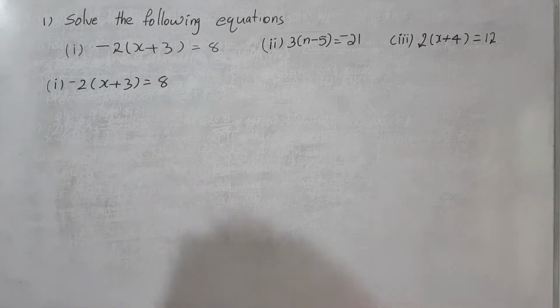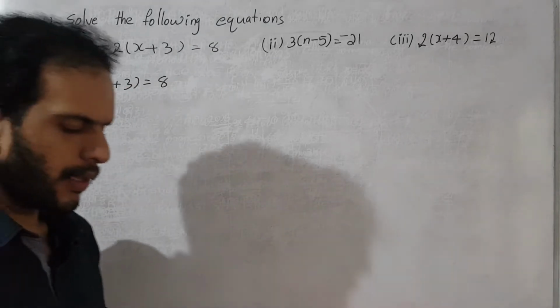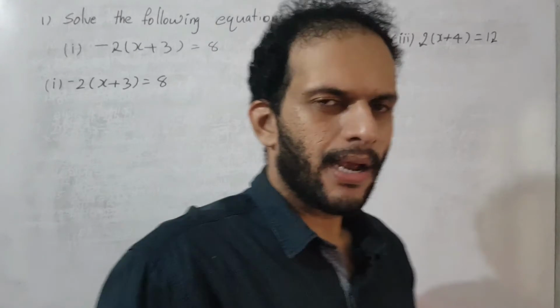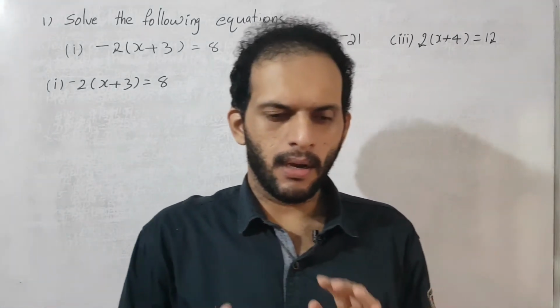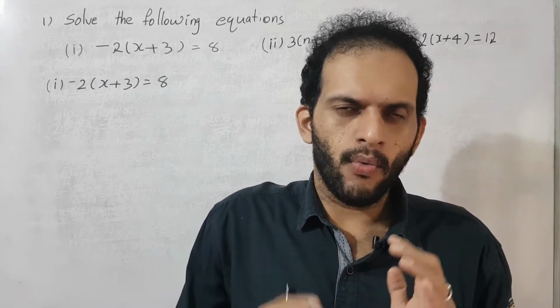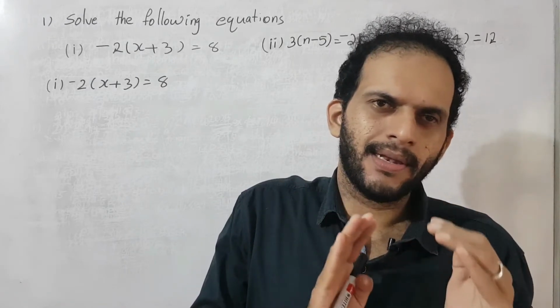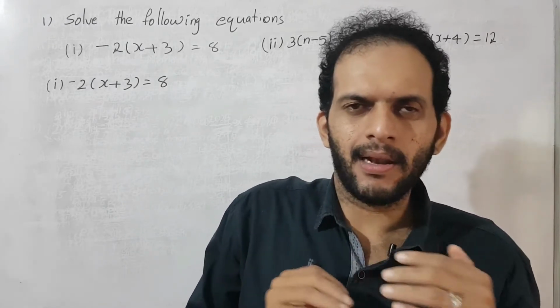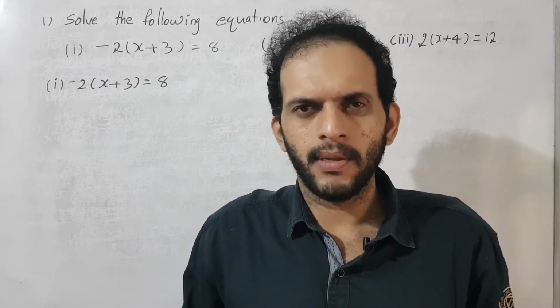Okay, then the first idea, I told you what is the idea to check before solving an equation. We will check where we are getting the variable, is it the LHS side or the RHS side.